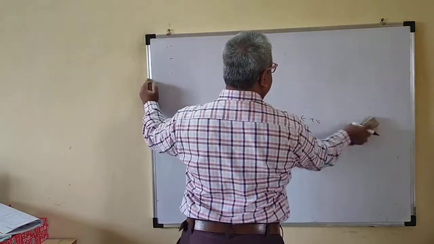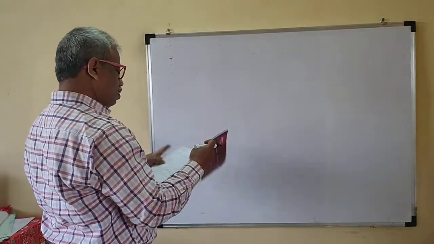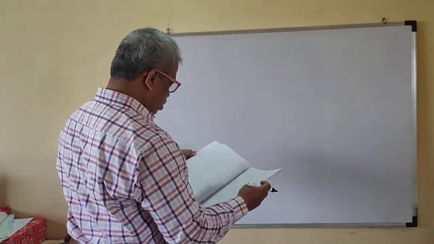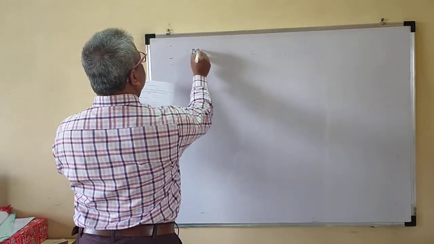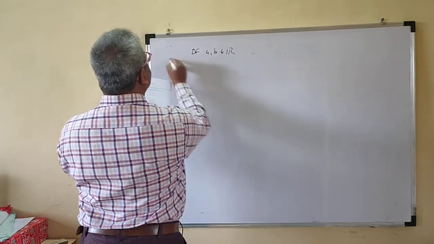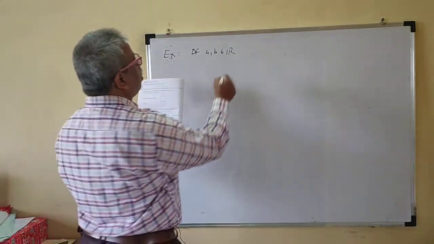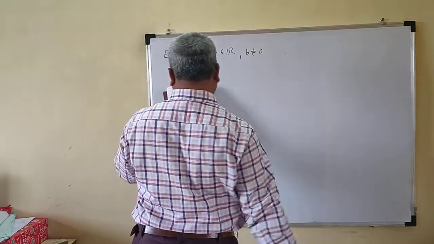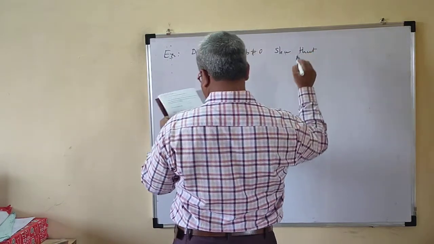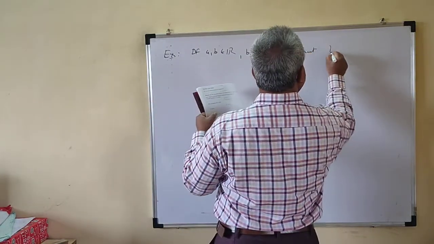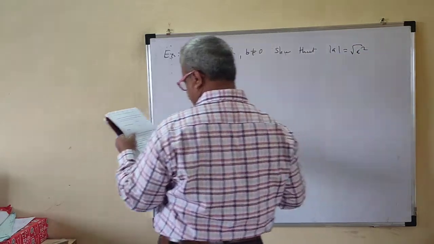We'll take problems on it. Next example. If A, B belong to R, B not equal to 0, show that mod A is equal to root of A square.